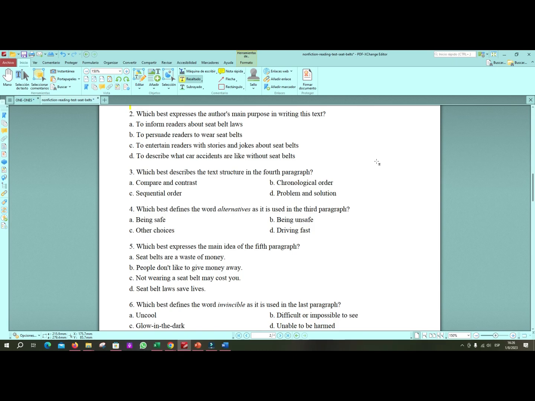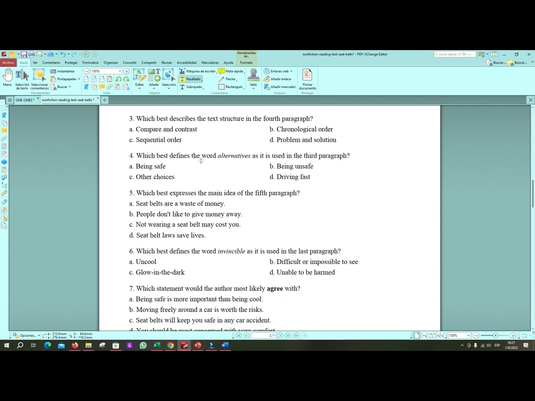Or D. To describe what car accidents are likely without seatbelts. Letter B? Yes. Letter B, right? To persuade readers to wear seat belts. So that would be the main purpose of this text, okay?